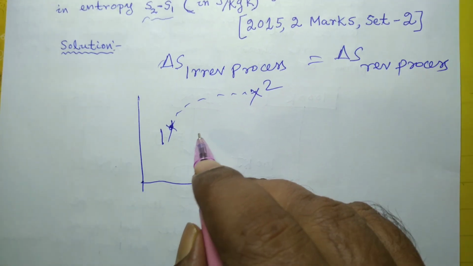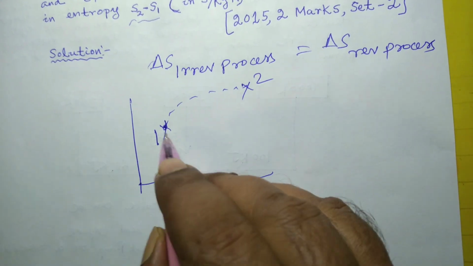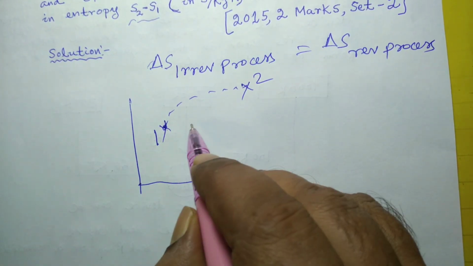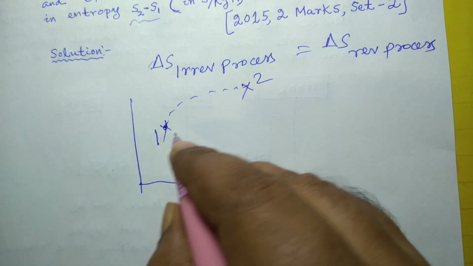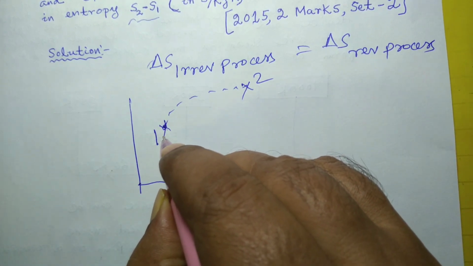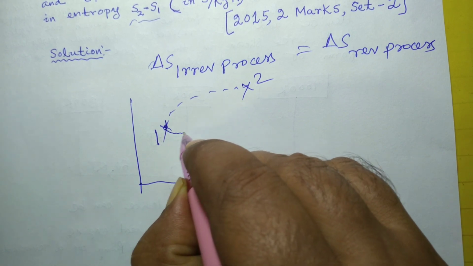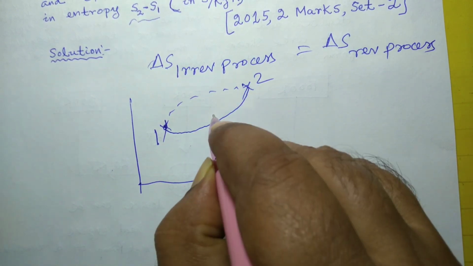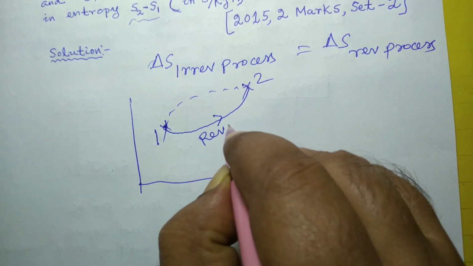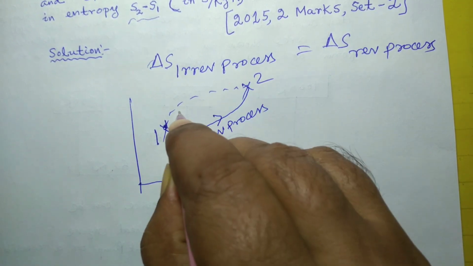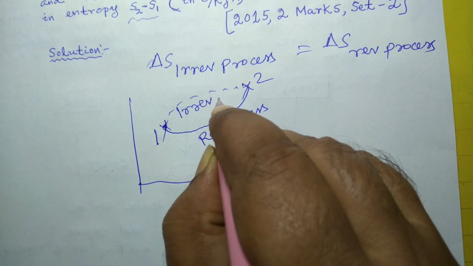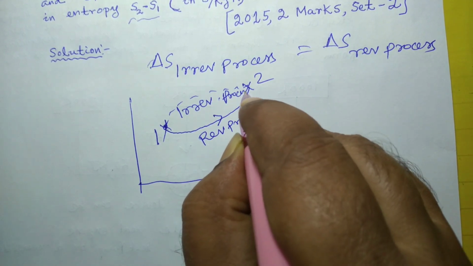But whenever we want to calculate change in entropy between two specified equilibrium states, the integration has to be carried out along the reversible path, because between two given states this is a reversible process and this one is an irreversible process. That is why it is represented by a dotted line.